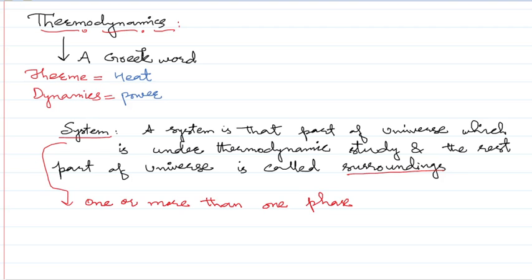If it is made up of one phase, then that system will be simply called homogeneous. That means the system can be homogeneous, or if it is made up of more than one phase, simply heterogeneous.